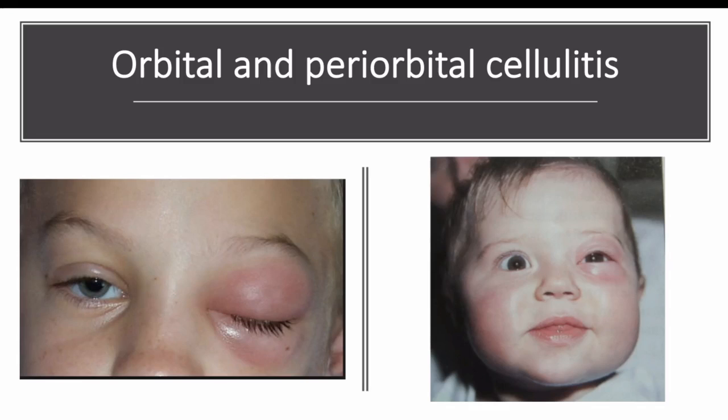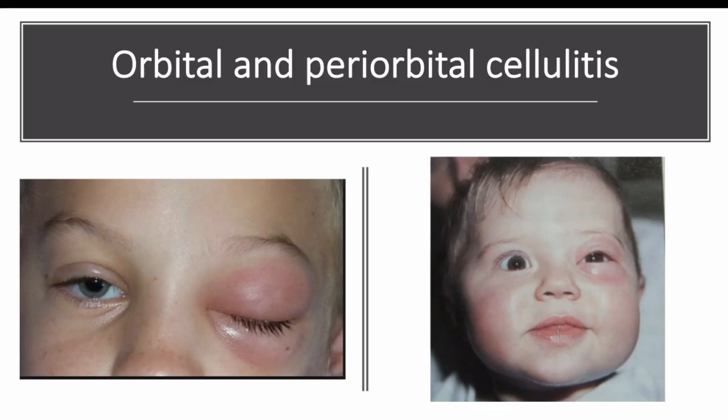This is one way to distinguish between them. In those pictures, both might have only periorbital cellulitis, but this one might have orbital because he looks ill, and there is a little bit of proptosis.